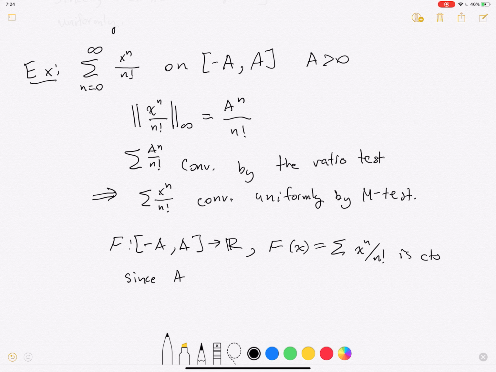Since a was arbitrary, if you take f from the reals to the reals as a goes to infinity, then this function is continuous as well. And that is it for this lecture.